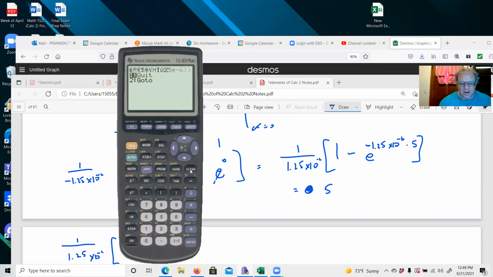Oh, it didn't like that at all. I'll bet I put the negative sign where I should have put the minus sign. So let's try it again. Second function e, 5 times negative 1.25, second function e negative 6. Right, so parentheses, let's go.